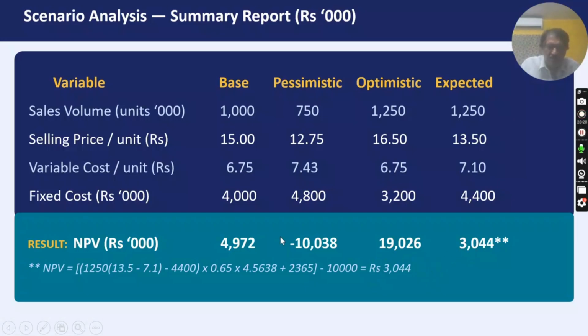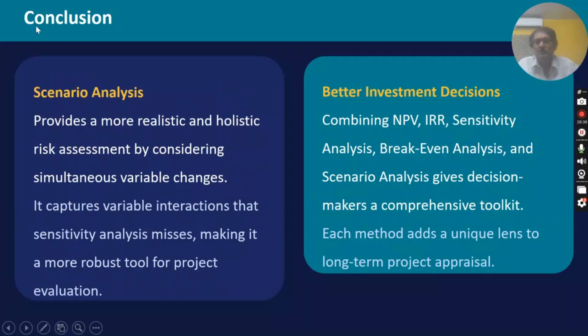In this way you can calculate for all of these also, or you can use the Excel sheet directly also, you can check it, no problem. Now conclusion. Scenario analysis provides a more realistic and holistic risk assessment by considering simultaneous variable changes, not only one variable change as in sensitivity analysis.